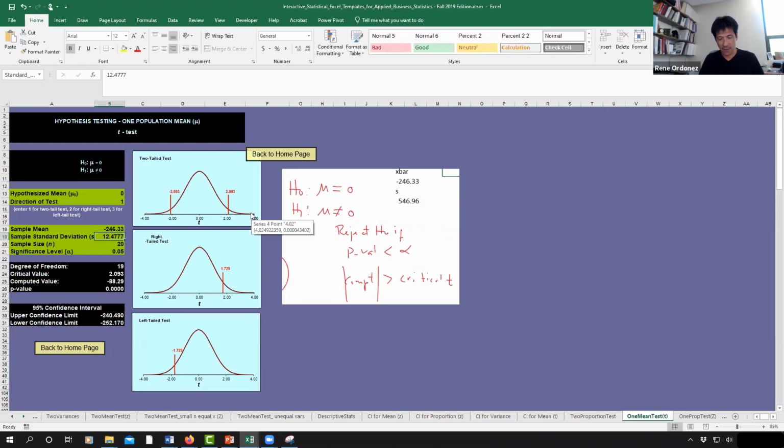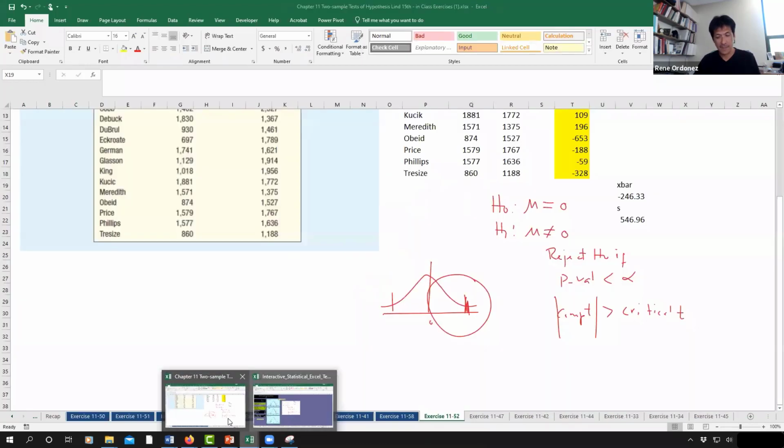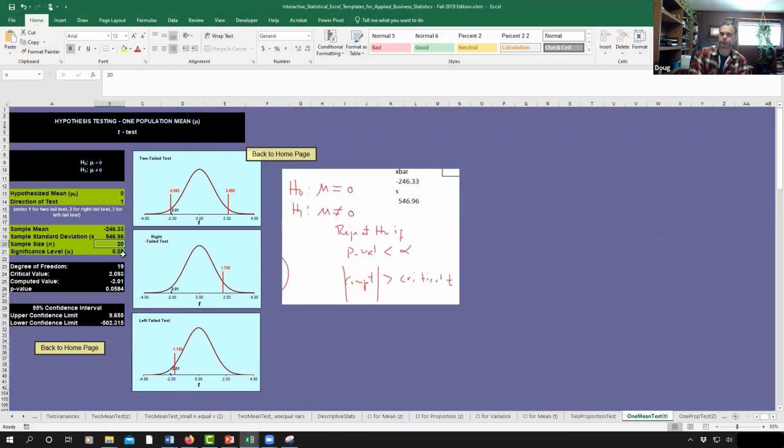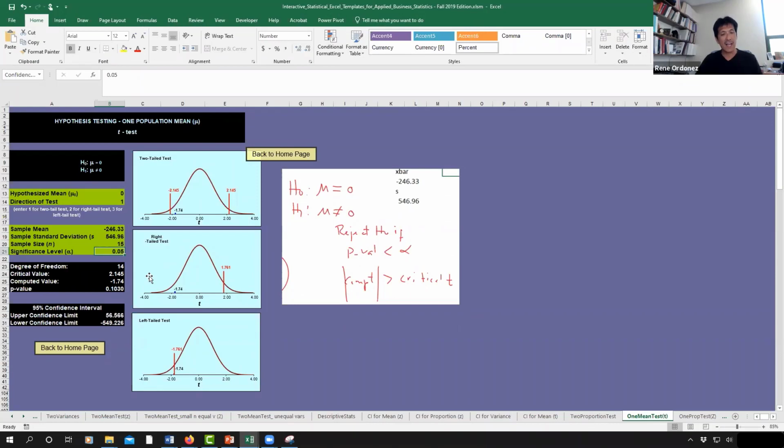S is 546.96. And sample size, what was the sample size? 15. 15, thank you. And significance level 0.5.